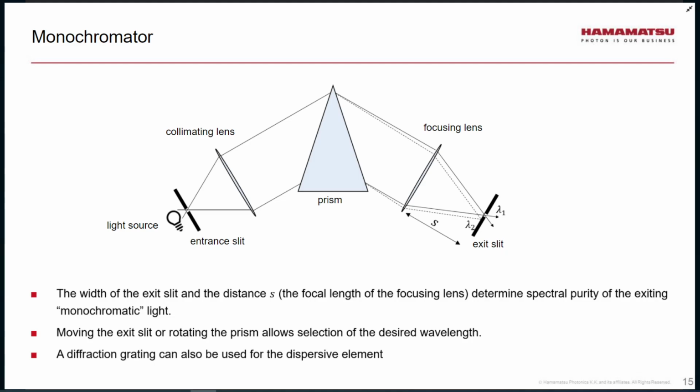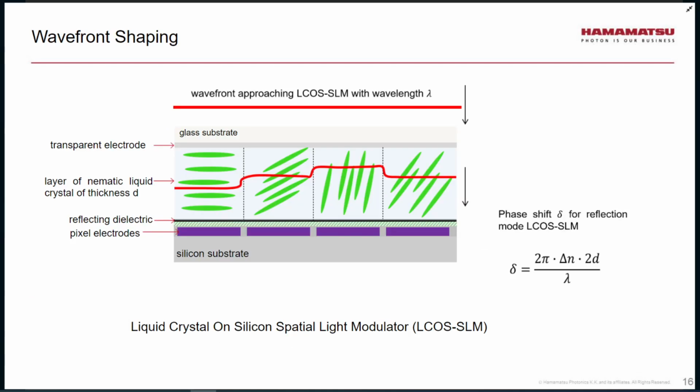The polychromatic light from the light source is first collimated, then led to pass through a prism which refracts the light, i.e. different wavelengths are spatially separated or move in different directions after passing the prism, or it could be a diffraction grating as well. The focusing lens then focuses the different wavelengths onto different spatial parts, and the exit slit can then select a wavelength of interest.